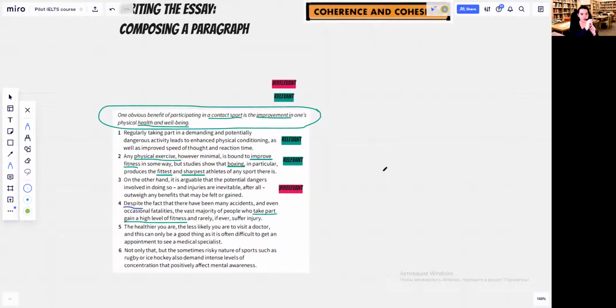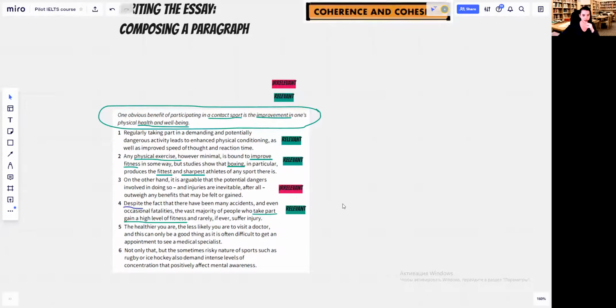A little later, we'll look at the main ways of developing a topic sentence, and you'll see that this is actually a very powerful technique. So this statement is relevant.